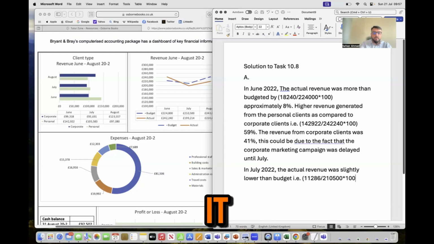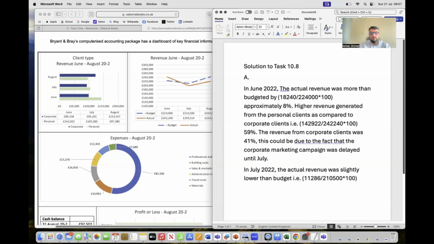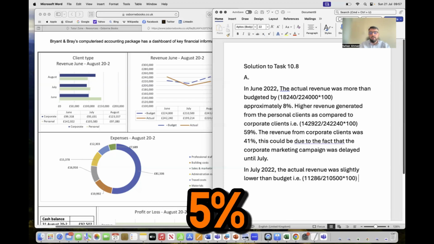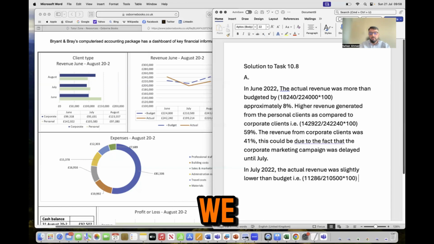If you multiply it by 100, that gives you the percentage. So 11,286 divided by 210,500 times 100 is 5.36%. So we can say approximately 5%.